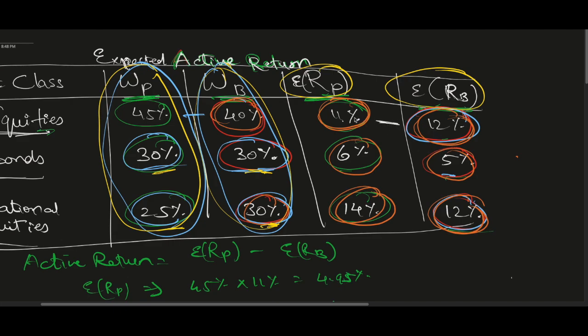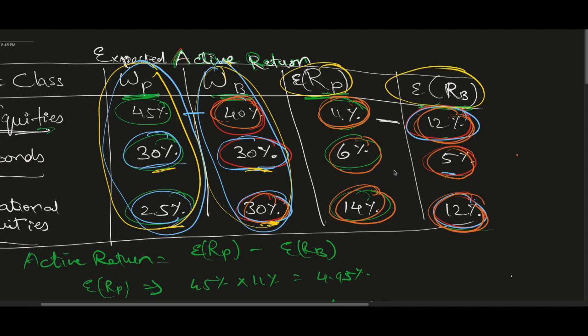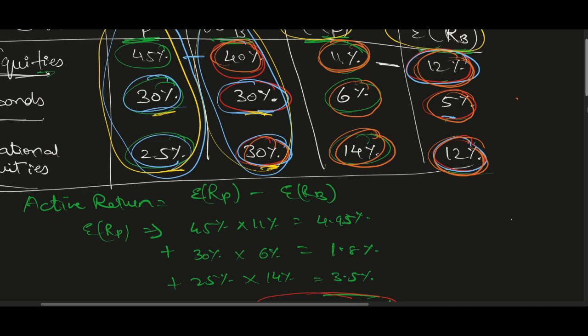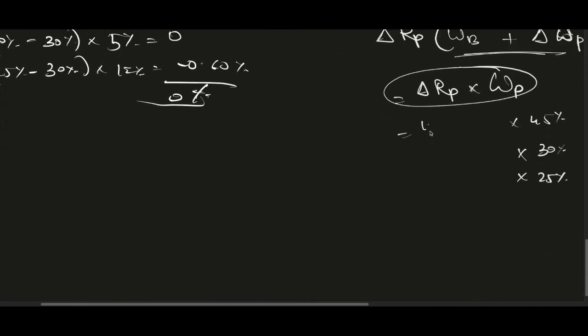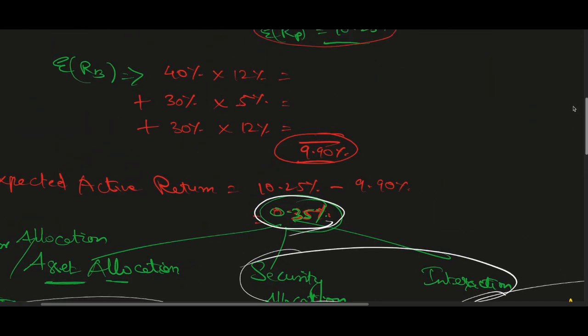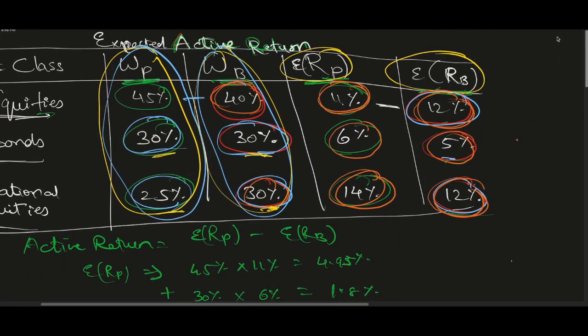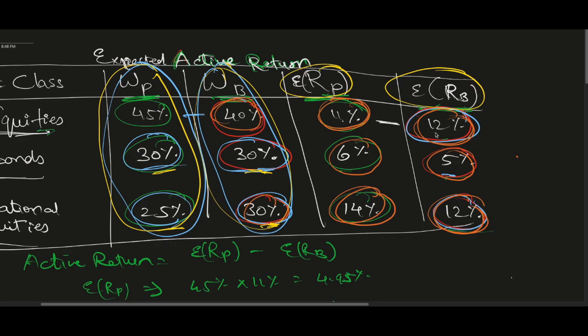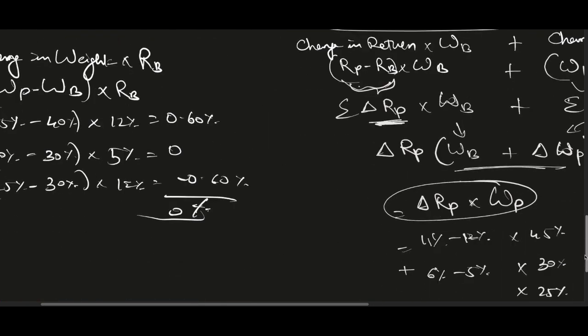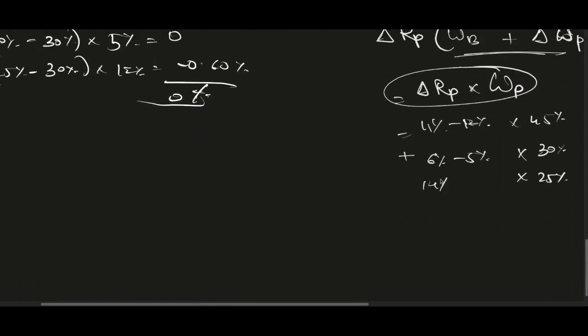So this is 11 minus 12, 6 minus 5 and 14 minus 12. 14 percentage minus 12 percentage.